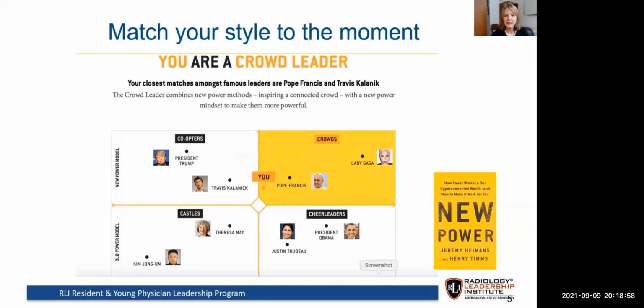So this is a completely unscientific quiz that they have on their New Power website. And it speaks to the fact that there are organizations that they call castles. They'll talk about things like the National Security Agency, where you can't really open up their processes. There are real, solid reasons for things being secret.